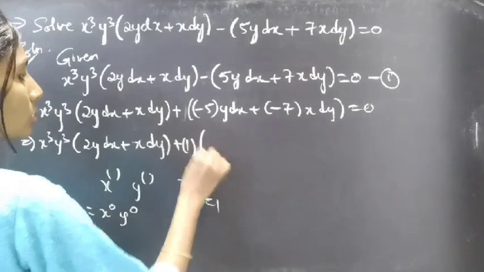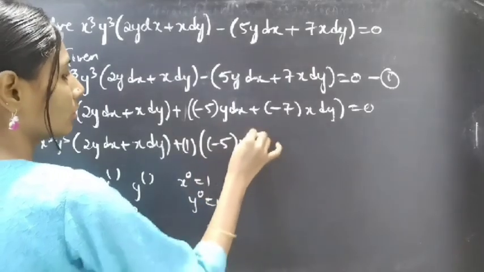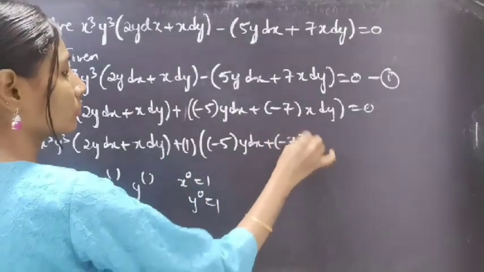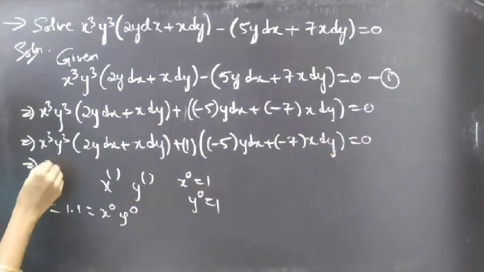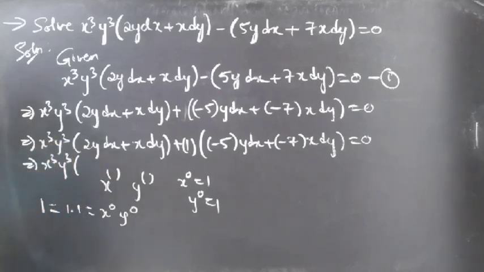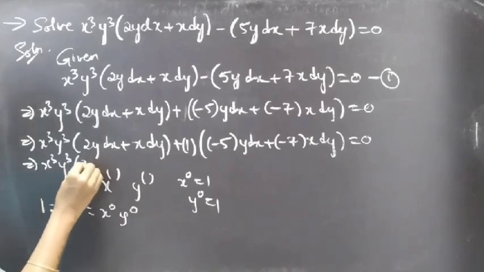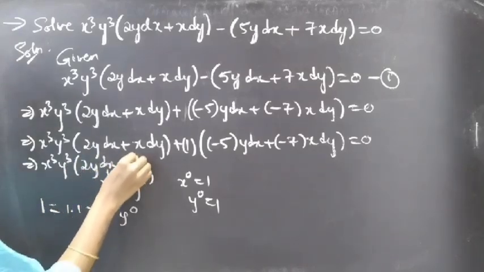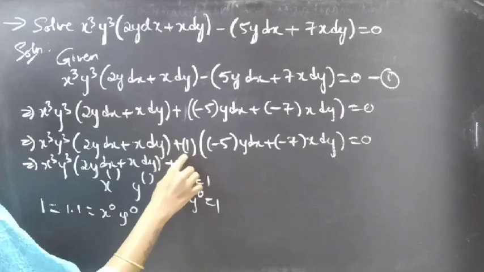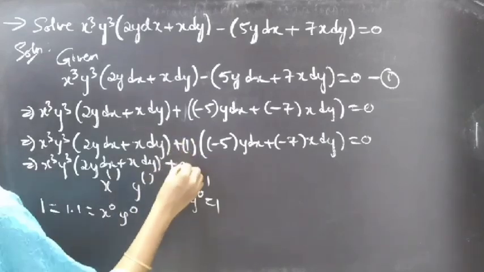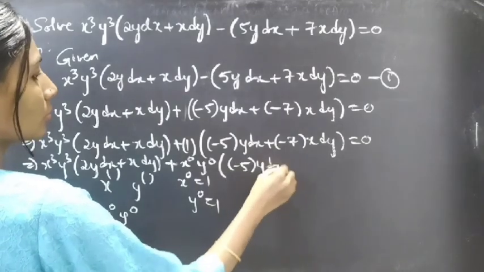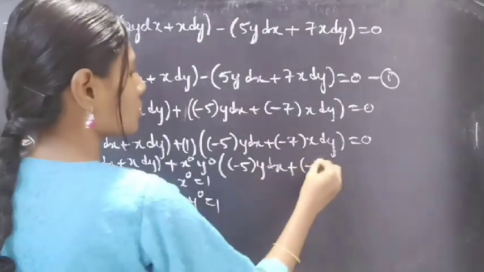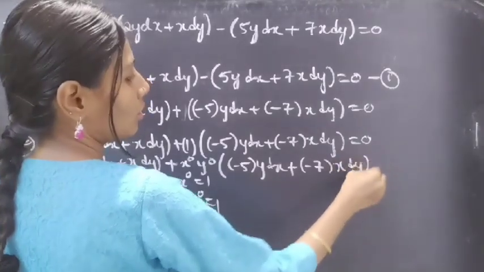Okay, I'll write one more step. You can just skip this too. I'll replace this 1 by x power 0 into y power 0 into minus 5y dx plus minus 7x dy equal to 0.